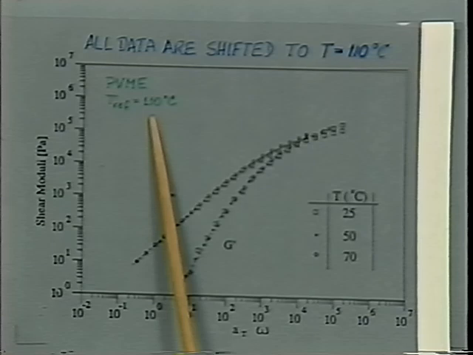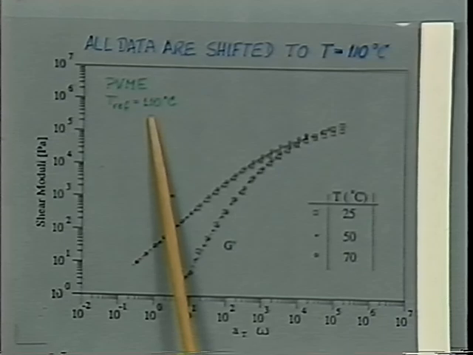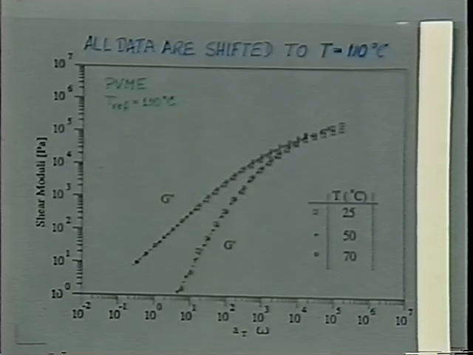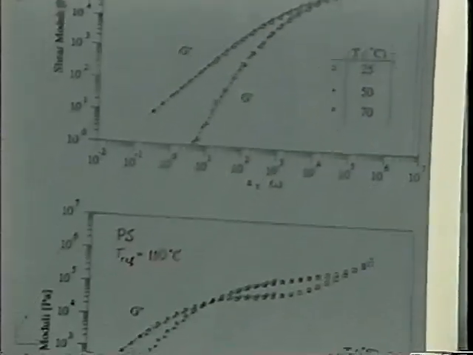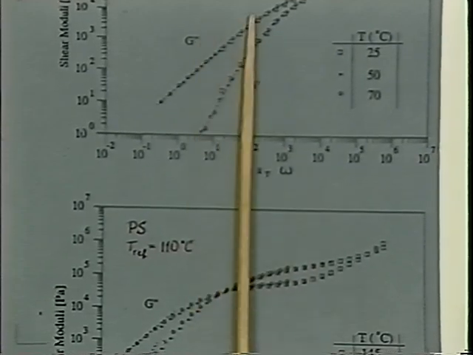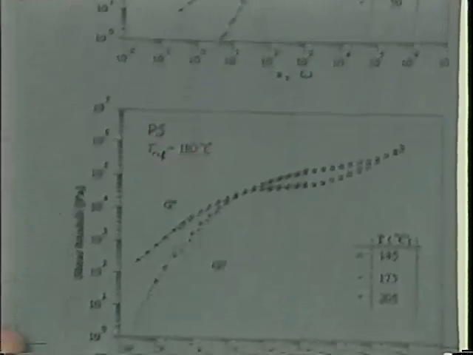Because in the rheology, we will decompose our system into components, and we would like to know what's the rheology of the components at that temperature. So we really would like to know the PVME rheology at 110 degrees, which is characterized by very low values of fairly high cutoff longest relaxation time.